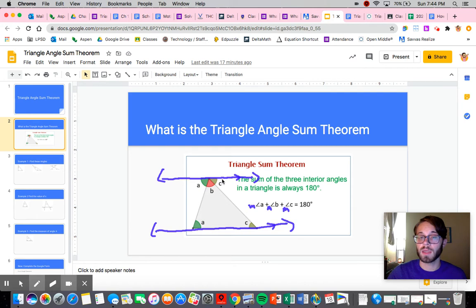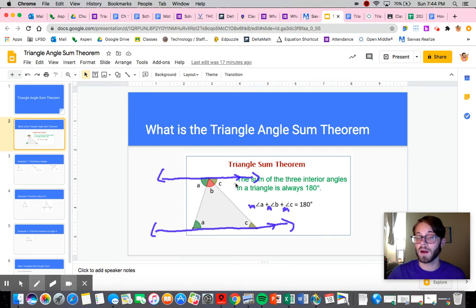And when we put them all together, all angles on a line add up to 180 degrees. So we know that the measure of angle A plus the measure of angle B plus the measure of angle C is 180 degrees. In recap, we drew parallel lines, and because these are alternate interior angles, they're the same.